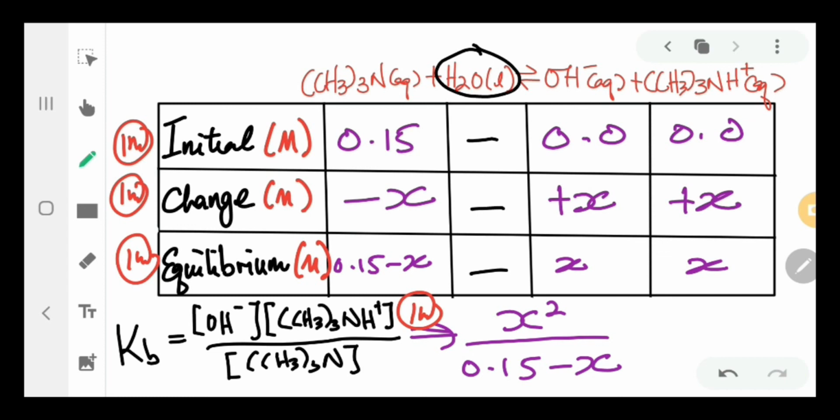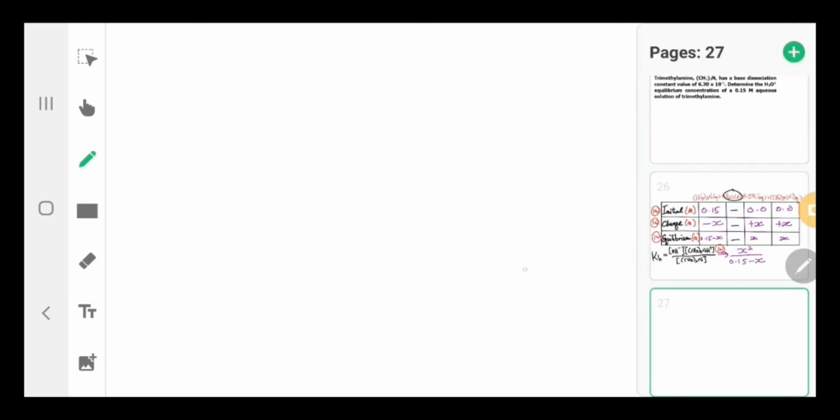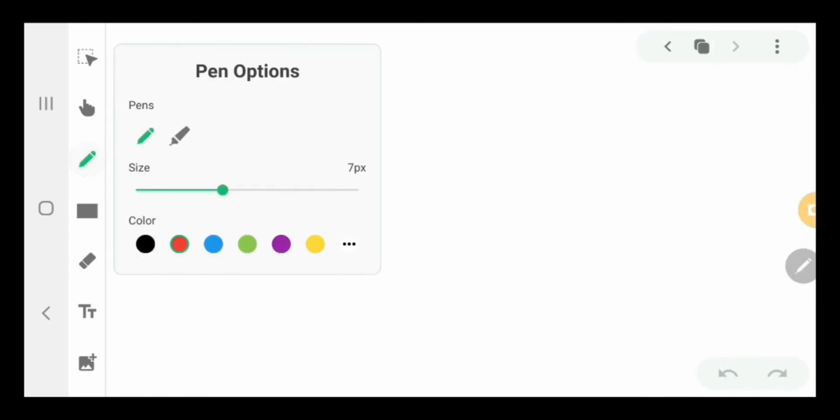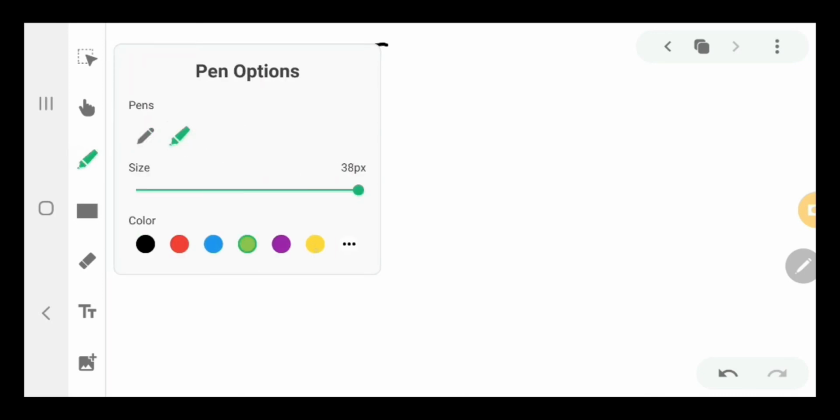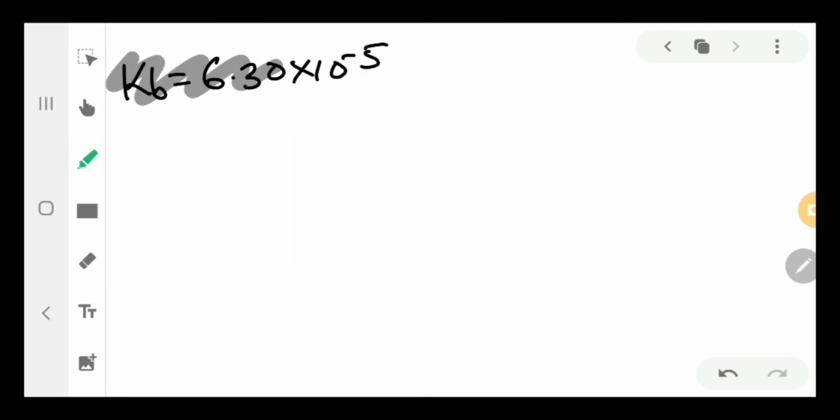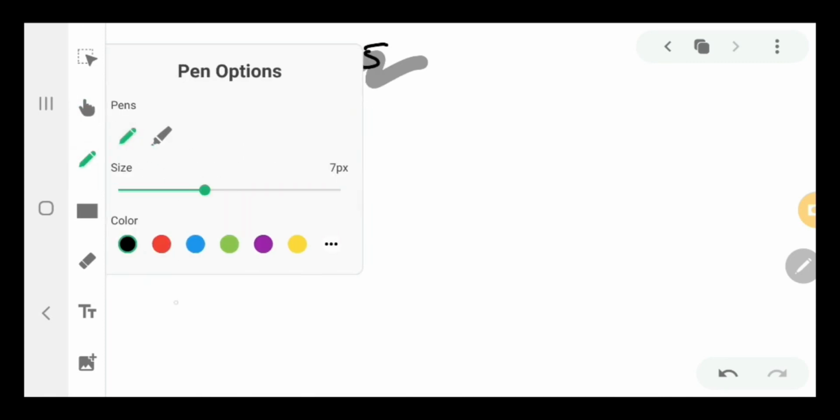Now we want to find the value of X. The Kb value that is given is 6.30, and as you can see, it is to the power of -5. So we can do some assumption.